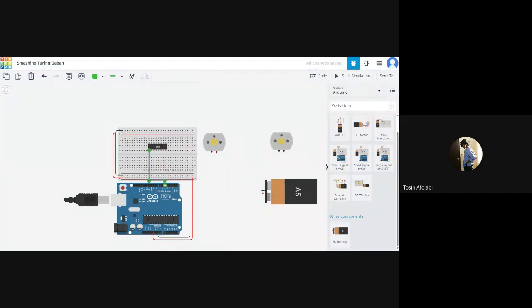Then we're going to connect our ENB. Okay, let's do this. Then input one, input one goes to pin 7.